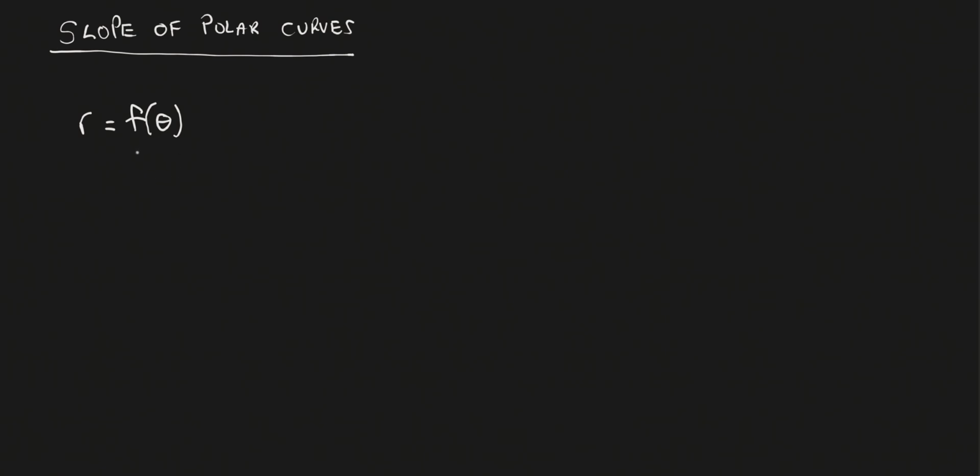Well, previously when we were looking at the polar coordinate system, there were a pair of equations that we can use to write down x in terms of r and theta and y in terms of r and theta.